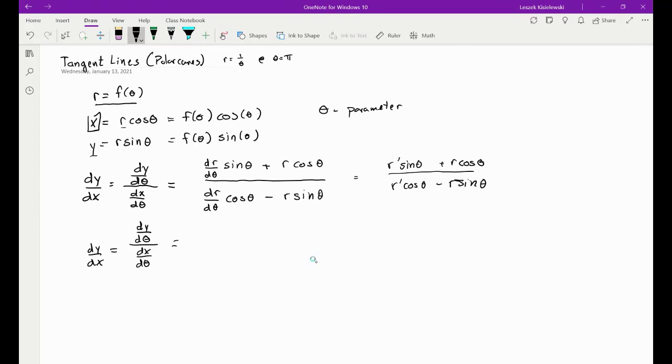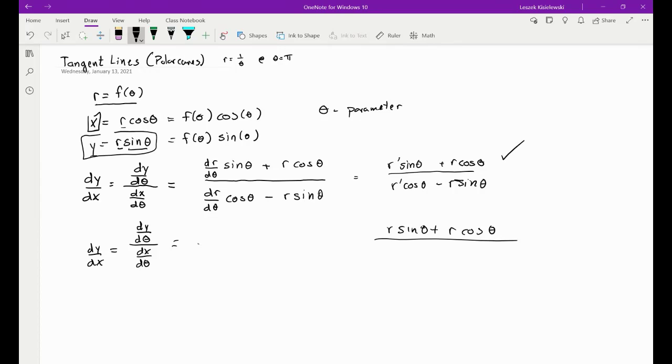So what you would do is differentiate y with respect to theta, just use product rule, because remember r is a function of theta, sine of theta is a function of theta, so you have to use product rule. So in the numerator, you just take turns differentiating the two factors. So r prime times sine plus r times the derivative of sine, which is cosine.